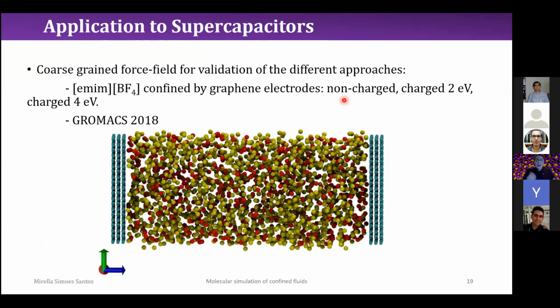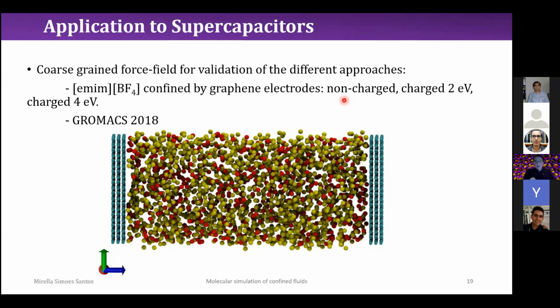So here I have one example that uses a coarse-grained force field for the validation of different approaches. What we are doing is proposing different methodologies for the calculation of these transport properties when we have such a highly correlated fluid, such as an ionic liquid, and also considering that we have confinement effects.